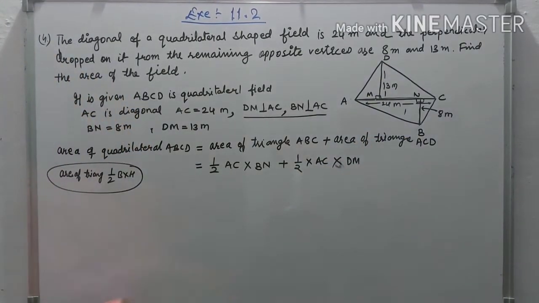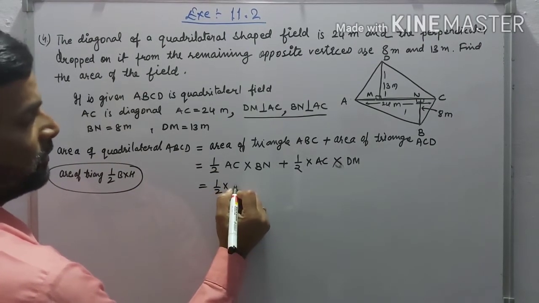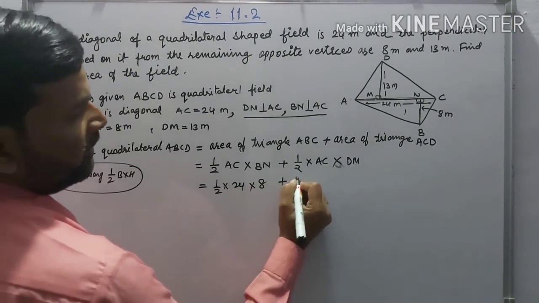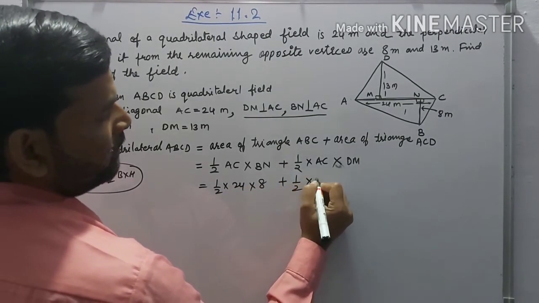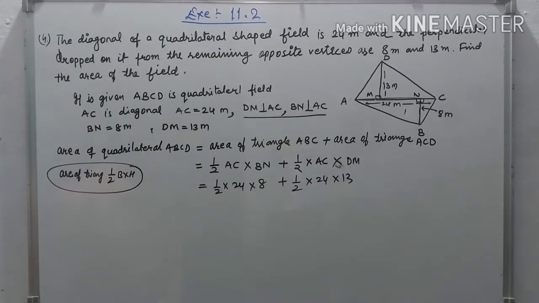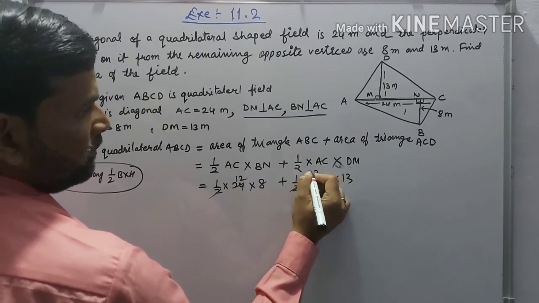Okay, now put the values: 1 upon 2 into AC, whose value is 24, into BN, which is 8, plus 1 upon 2 into 24, the AC value, and DM is 13. Now 2 is cancelled with 24, giving 12.